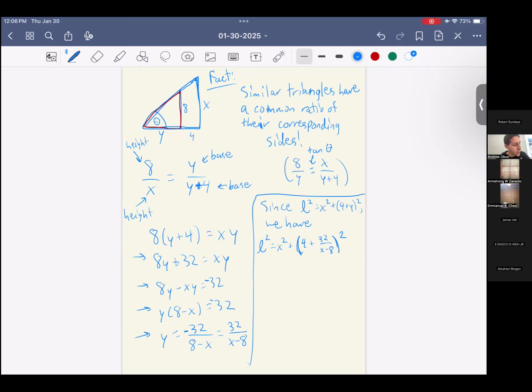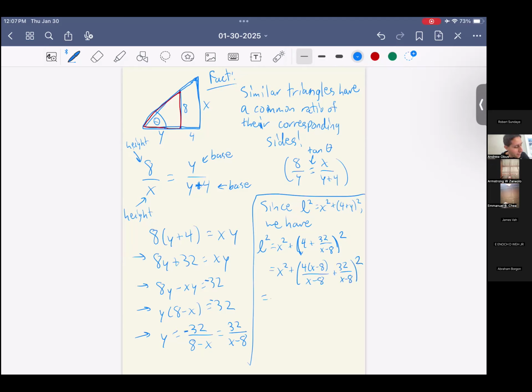Okay. That's actually better because of what happens when I simplify this. This is x squared plus, if I want a common denominator of x minus 8, this would be 4 times x minus 8 over x minus 8 plus 32 over x minus 8 squared.